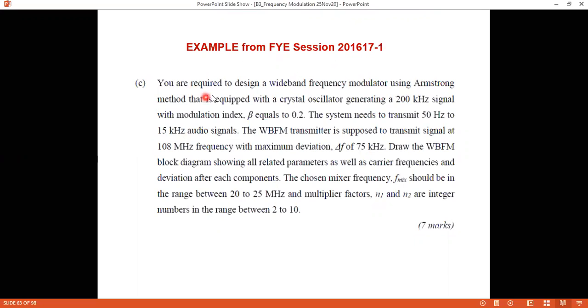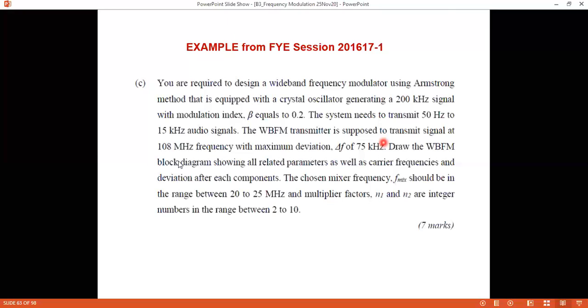We are asked to design a wideband frequency modulator using the Armstrong method, equipped with a crystal oscillator that generates a 200 kilohertz signal and modulation index equal to 0.2. The system needs to transmit audio signals between 50 hertz to 15 kilohertz, and the wideband FM transmitter is supposed to transmit at 108 megahertz with a deviation of 75 kilohertz.